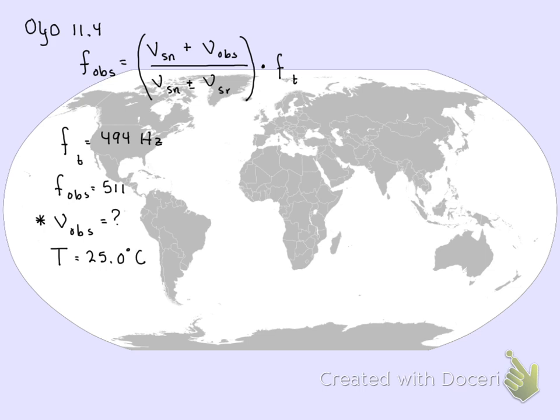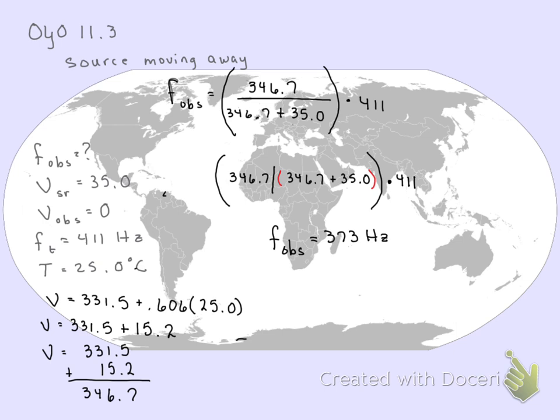First of all, the unknown is the velocity of the observer. But if we look to fill in the equation, what we don't have is the velocity of sound. So even though we had the same temperature here, okay, we're going to review the rules.